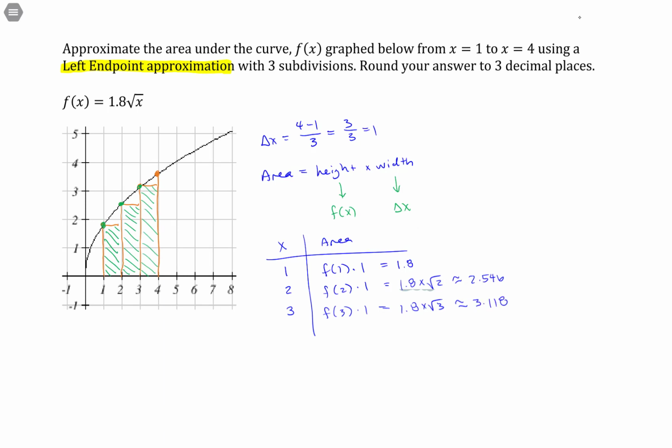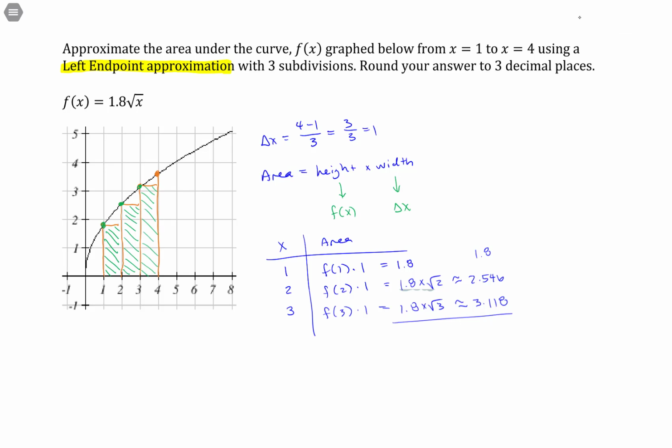Okay, so now the total area of these three rectangles is just the sum of these numbers. So I could take the sum of 1.8 plus 2.546 plus 3.118.